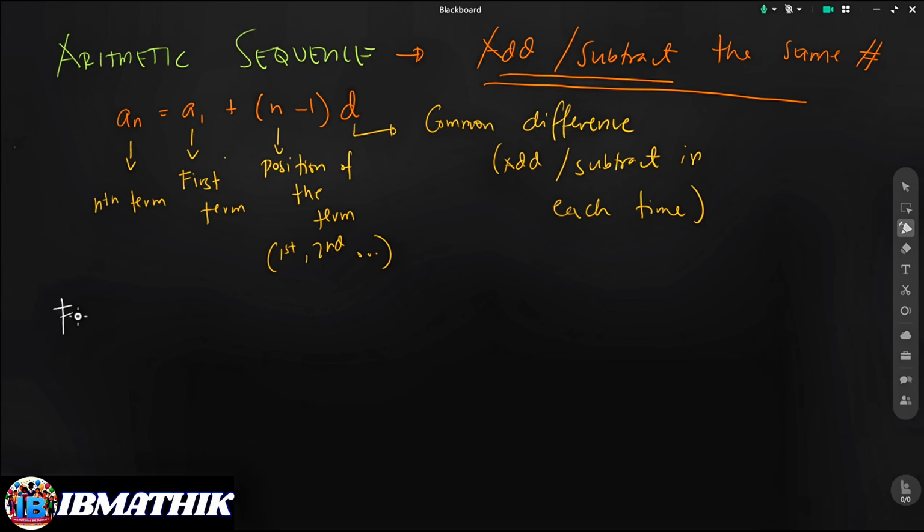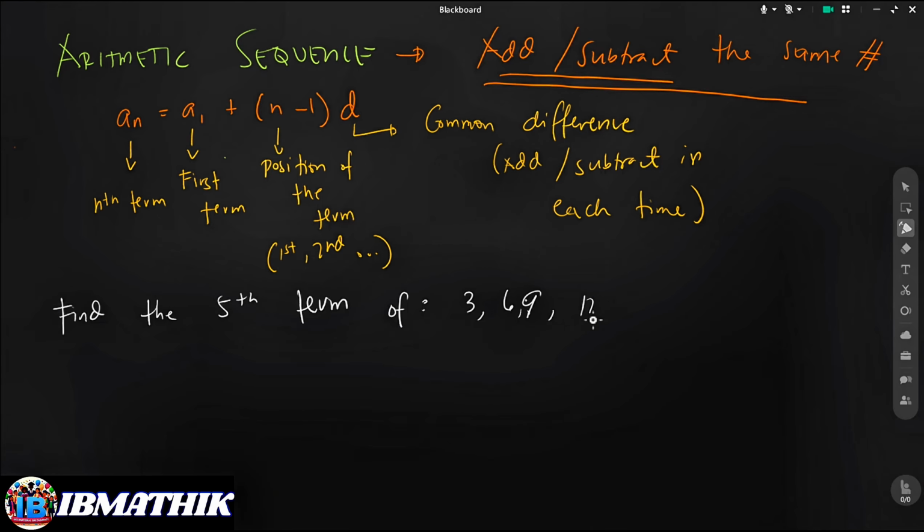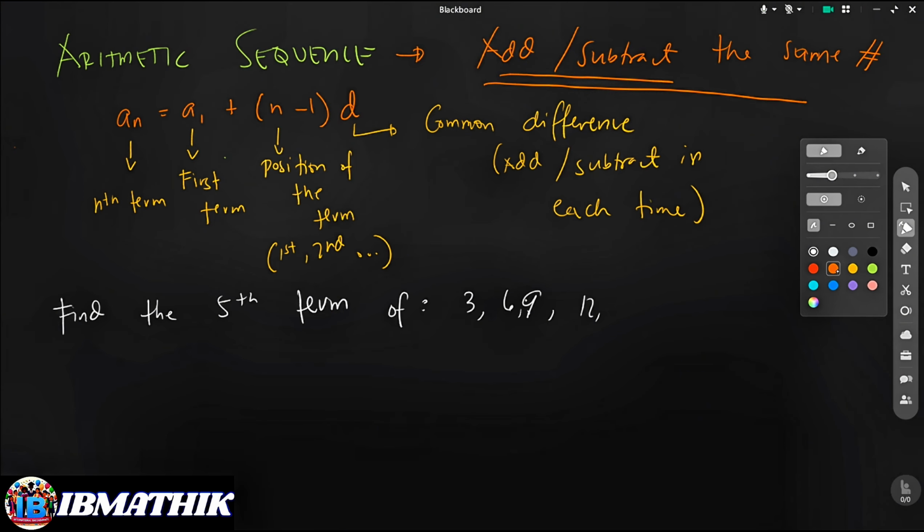Let's say we have: find the fifth term of 3, 6, 9, 12.